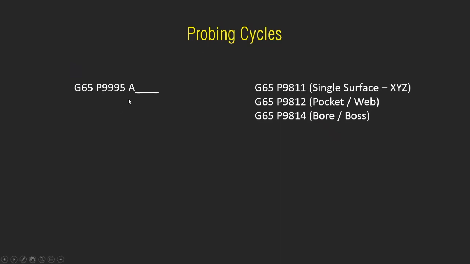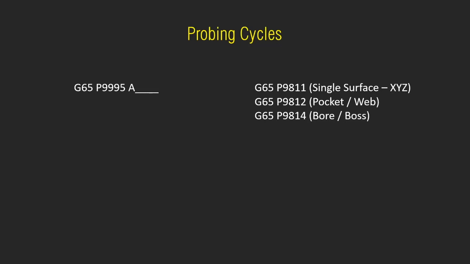And the A that we have on there, I'm leaving it blank here, but the A is actually a process of identifying which cycle we actually want to do, whether I want to touch off a tool or if I want to do a single Z offset in a work offset or whatever it is that I want to do. The A is what controls that.